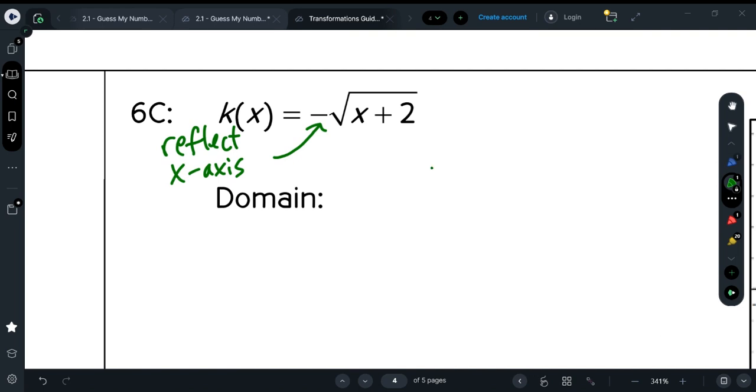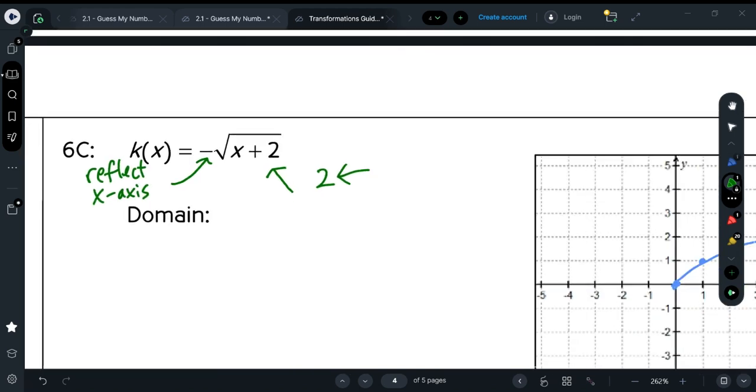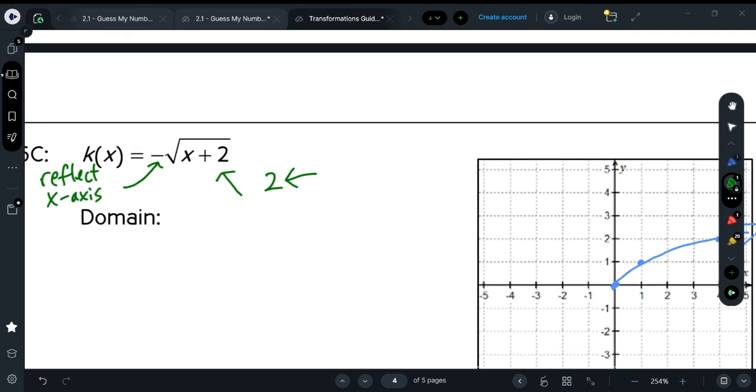And then we also have plus 2 on the inside of the square root. Okay, so when we add on the inside, that moves the graph to the left. So this is going to move the graph left 2 units. Write it like that. So 2 units to the left. Okay, so let's go ahead and sketch this graph.